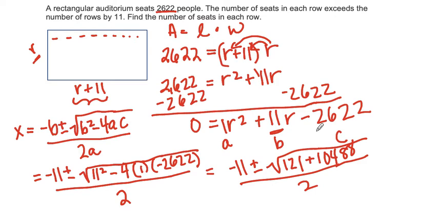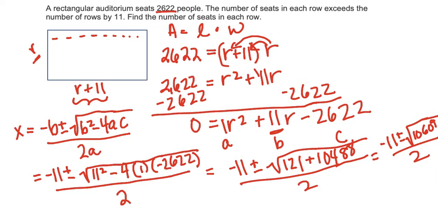So then we've got negative 11 plus or minus the square root of 10,609. It's hard to read my calculator. And then that's being divided by 2.